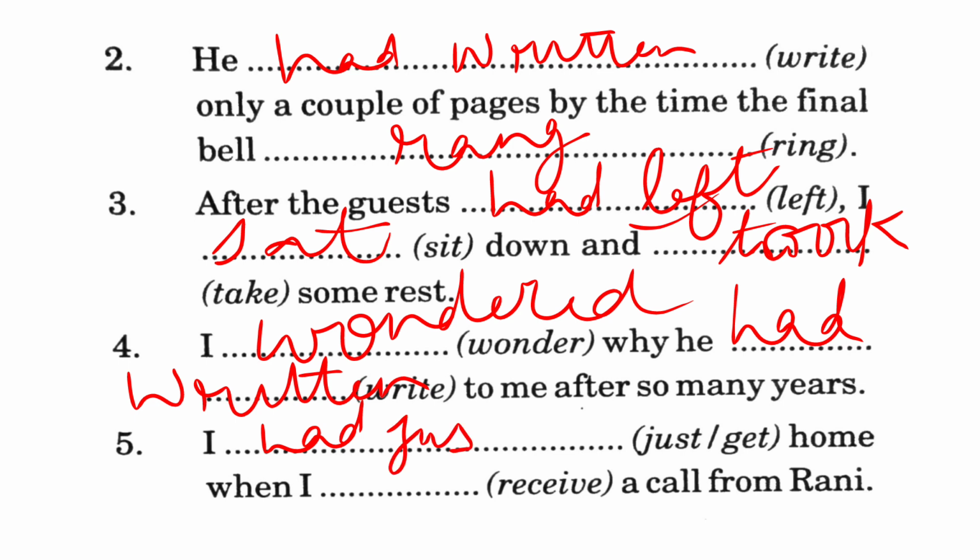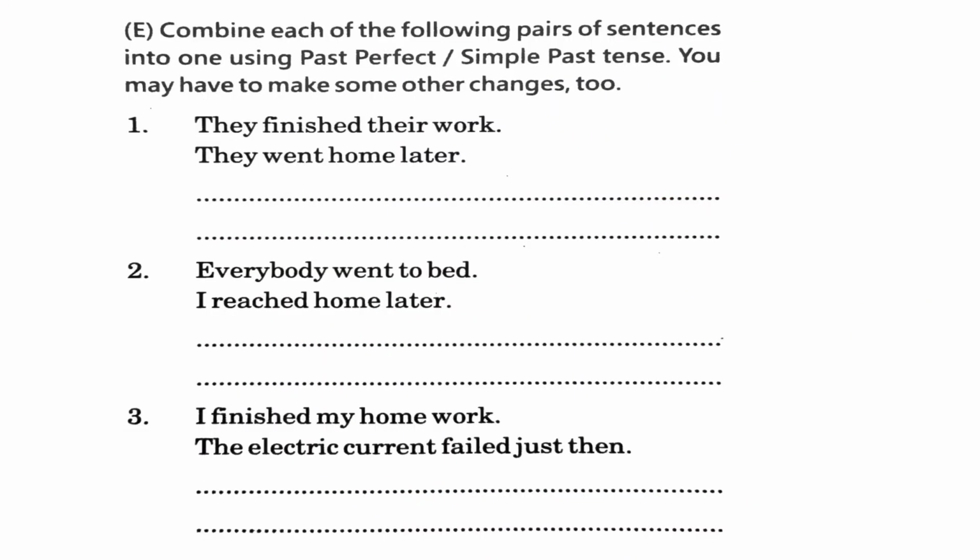I had just got home when I received a call from Rani. Let's move on to the next question. Combine each of the following pairs of sentences into one using past perfect or simple past tense.